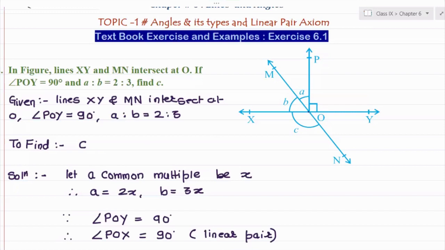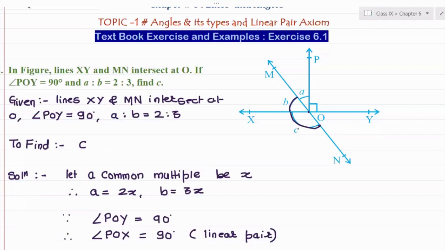Observe clearly, at the point O it is making two angles, one is B and the second one is C. Now if I join both of them, it forms a semicircle, and we know that if two angles together form a semicircle, or their non-common arms form a line at the base, then these angles are called a linear pair of angles.